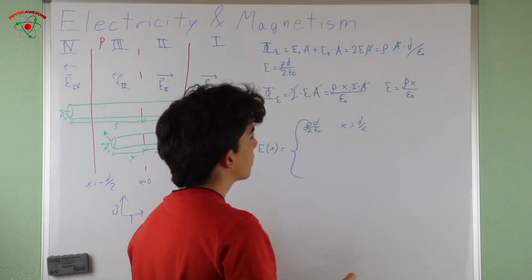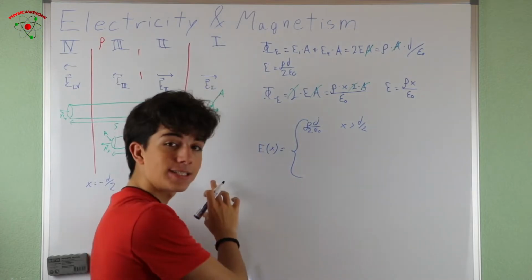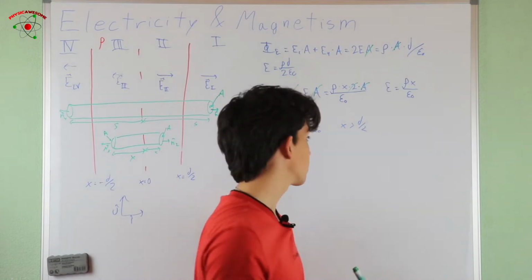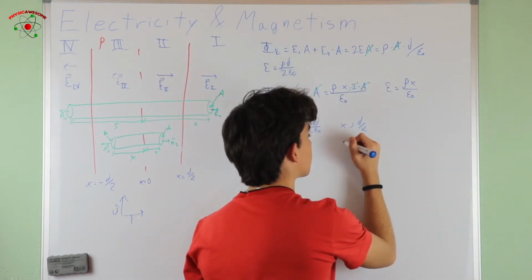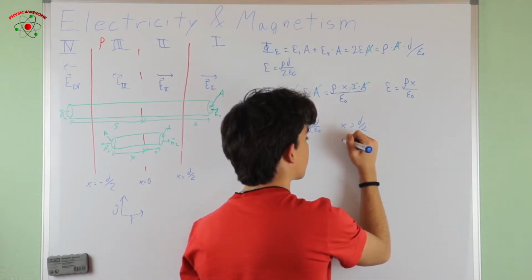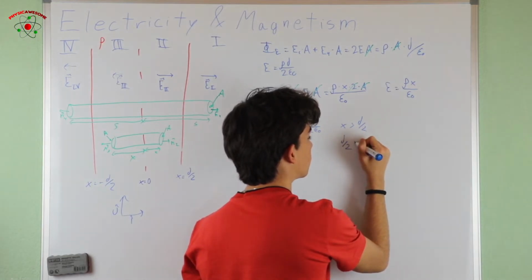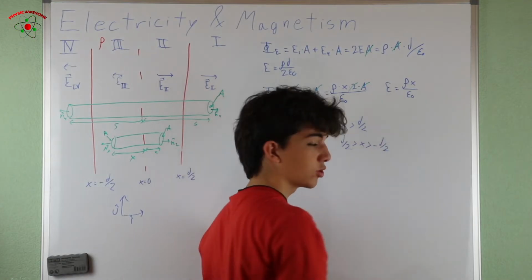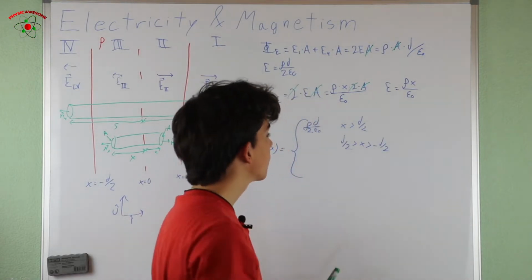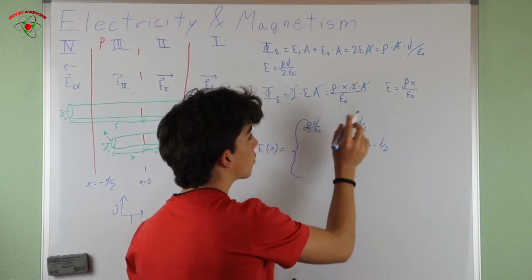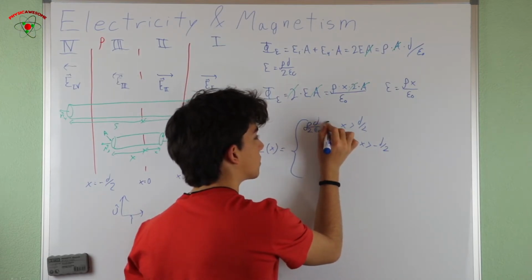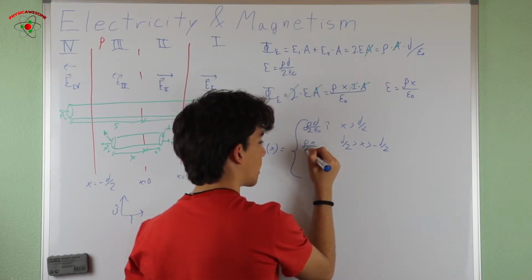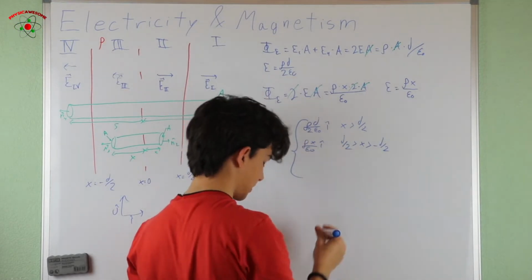Now, when we have x less than d over 2 and bigger than minus d over 2, in this situation we're going to have rho x over epsilon naught times i hat.